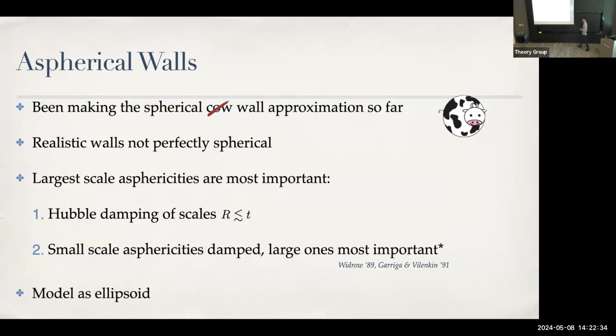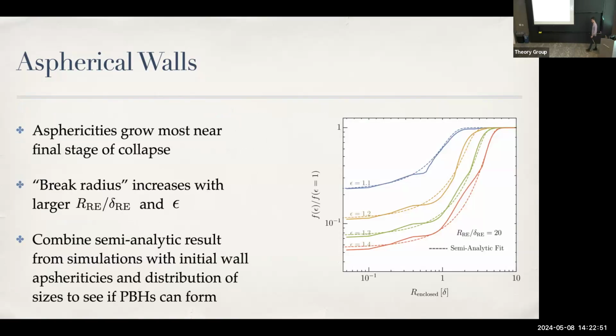So to do this for purposes of computation, what we do is we simulate the full Euler-Lagrange equations of motion, not just for a perfectly spherical wall, but for a wall that has some given asphericity, some given semi-major and semi-minor axes, to see how this energy that I enclose within a given volume changes as a function of this asphericity factor.